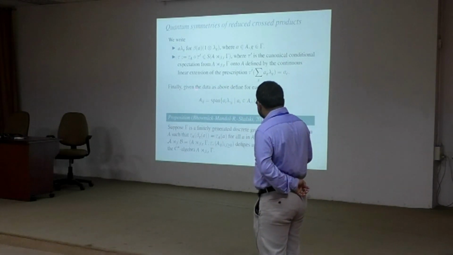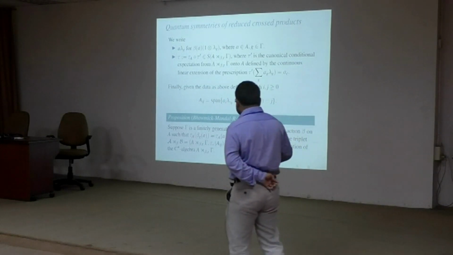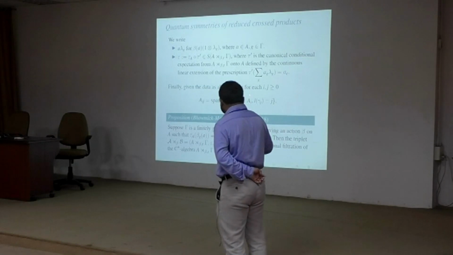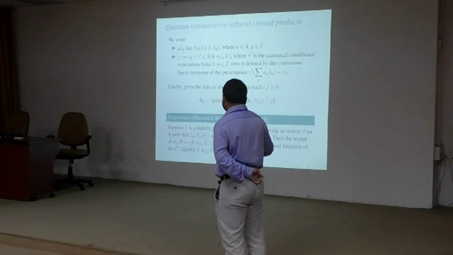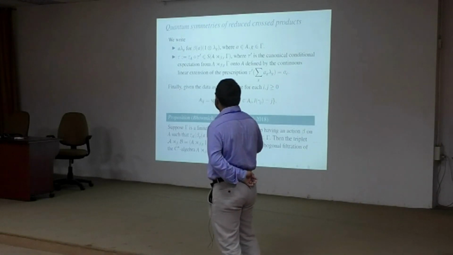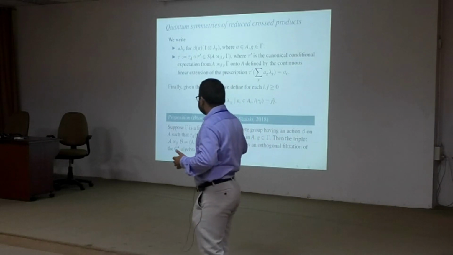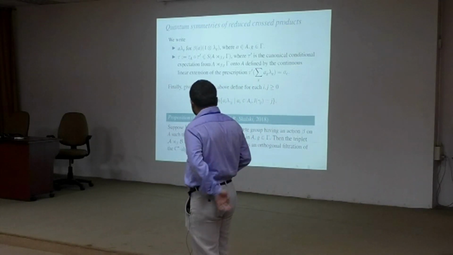And finally, we define subspaces A_i times lambda_gamma, where A_i is in the filtration, and the length of gamma is j. So we are trying to define an orthogonal filtration for the cross product. That's what we are trying to do.